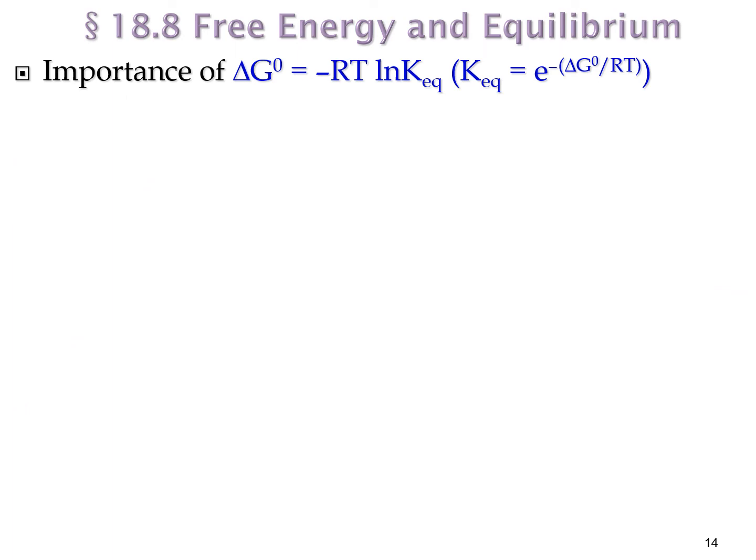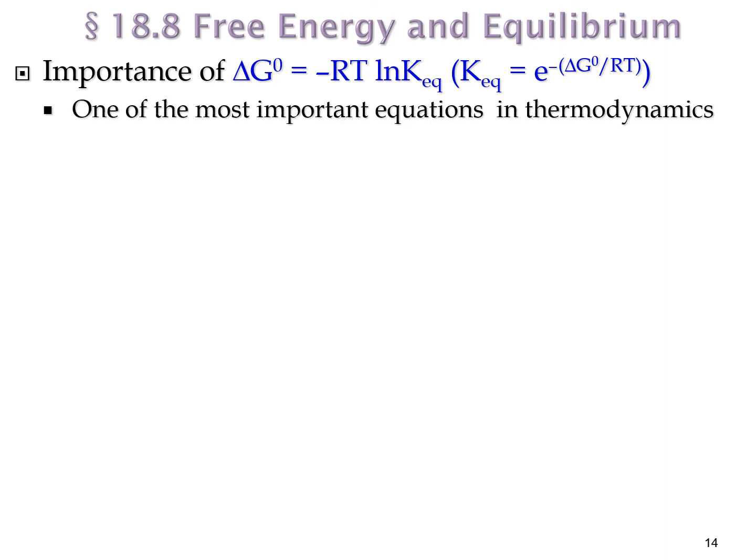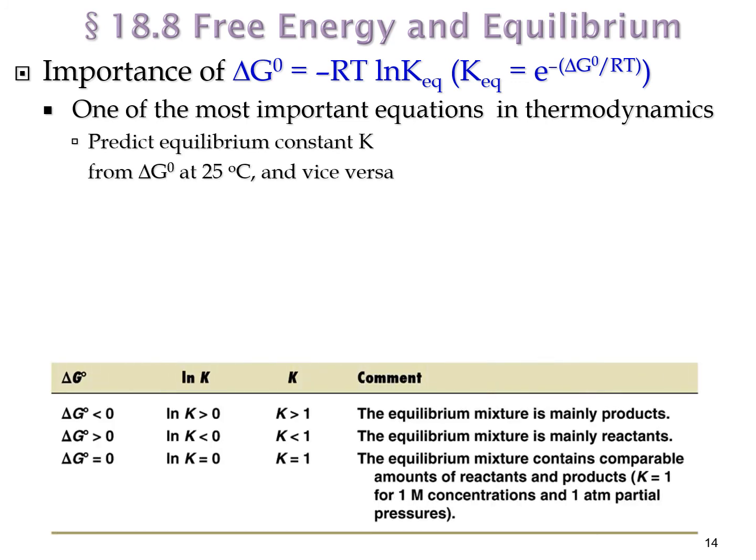Now let's look at this equation, delta G0 equals negative RT times log of K_eq. This equation is one of the most important equations in thermodynamics, because that equation tells us just how the spontaneity of the reaction is going to be and what kind of a measure we can get to prove it, or just how K responds for the spontaneity of the reaction.